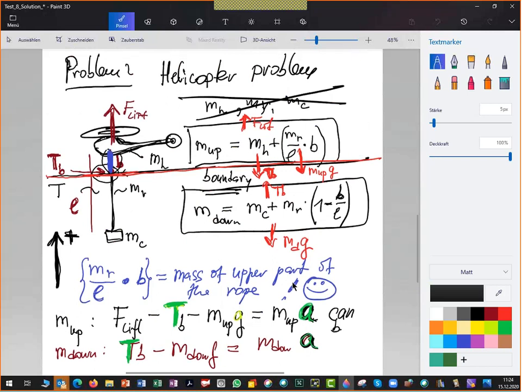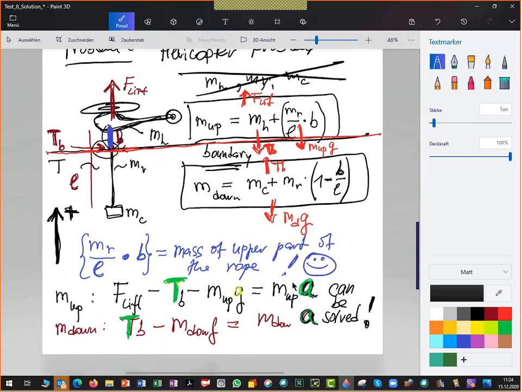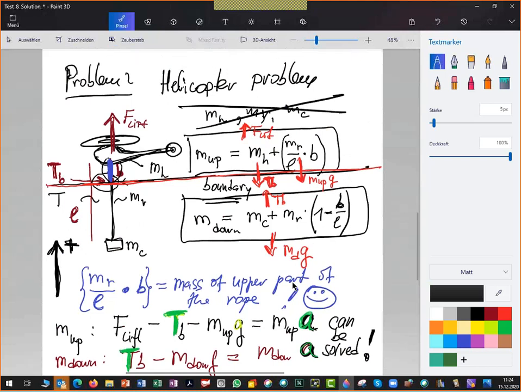I don't want to solve it now because I haven't given you any numbers, but believe me, since mathematically there are two equations and two unknowns, we can solve it.